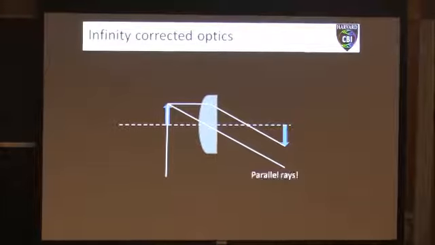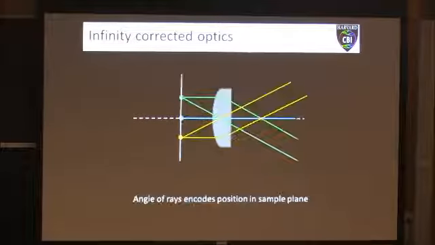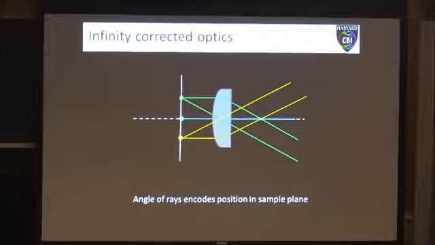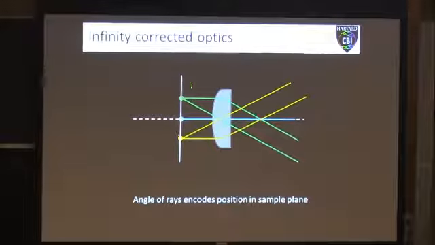But what's interesting about those parallel rays is that the angle that those rays are on are actually encoding something. They're encoding the position that that light is sitting at in your sample. So here's our sample sitting here on this white line, and we've got 3 objects on it. You can think of it as, say, 3 fluorescent beads.